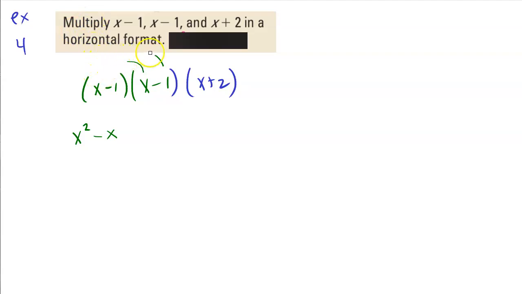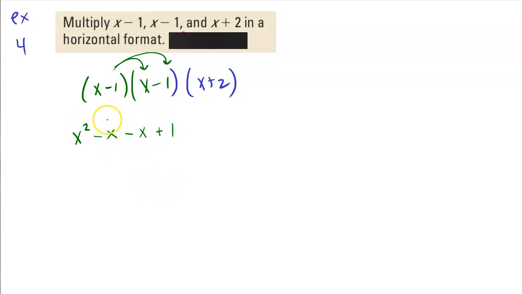And then I have to distribute the second term as well. So I have to take this negative 1 right here and multiply it to the x and also to the negative 1. So if I take negative 1 and multiply it by x, I get a negative 1x, or just another negative x again. And if I take negative 1 times negative 1, I get plus 1.